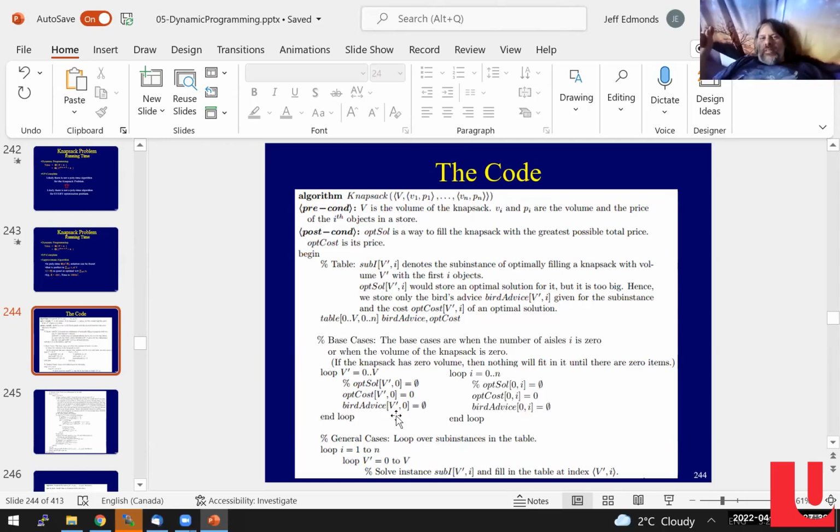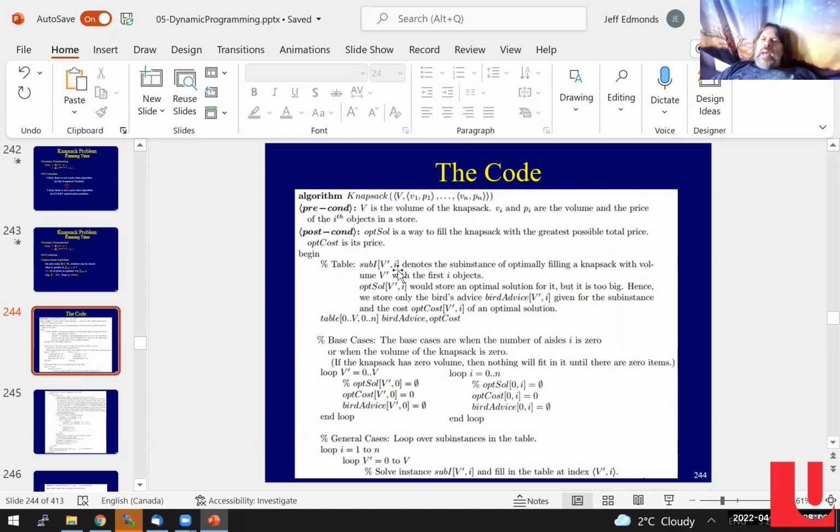Good question. We need to solve all of these subinstances. We have a whole bunch of subinstances here, and the order we're going to solve them is from smallest to largest. The reason is that when we're solving one, we're going to need help from smaller ones.